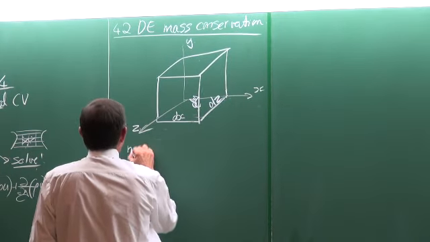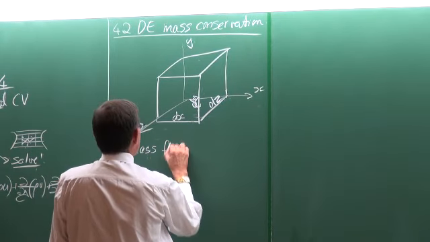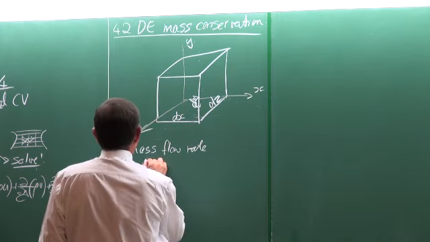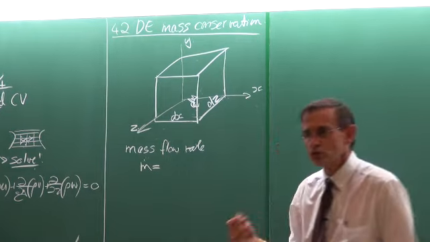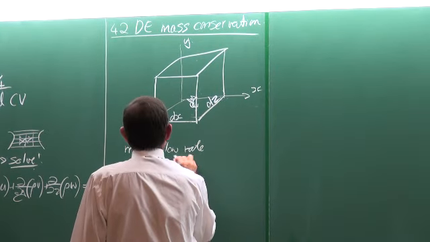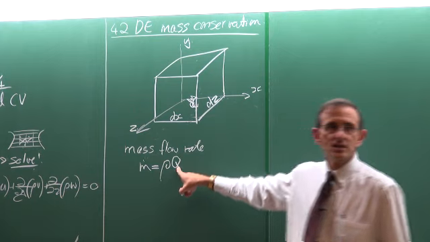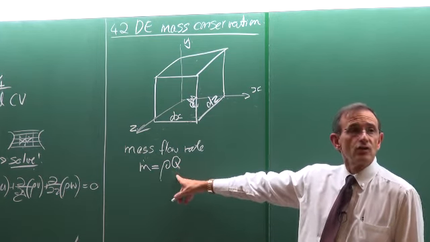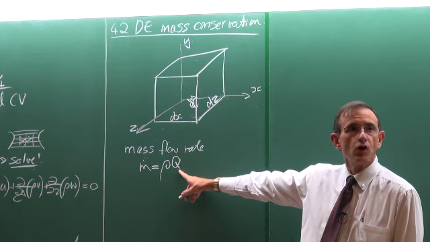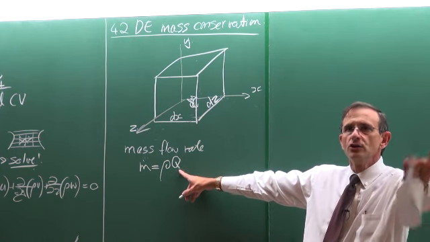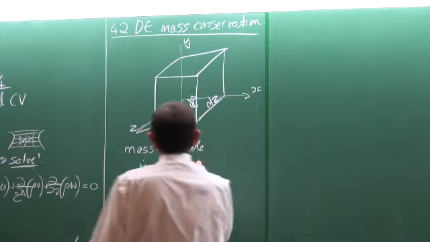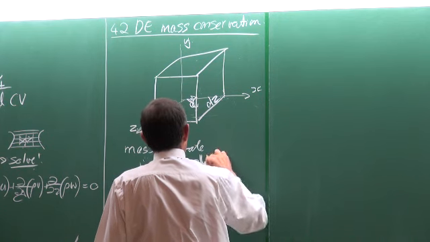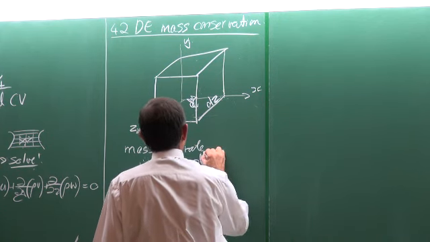Now mass flow rate, as we know it, the mass flow rate is equal to rho multiplied by the volume flow rate. Just be careful for this Q here, that you do not think it's heat transfer. This Q here is volume flow rate, or if you want to use another symbol, in some textbooks, they use a funny type of V with a dot.